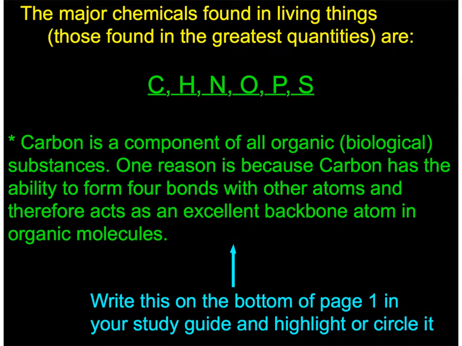Somewhere over here, write in that life on planet Earth is referred to as carbon-based. Carbon-based life. All life on this planet, whether it's you, bacteria, or a plant, is based on carbon. What does that mean?